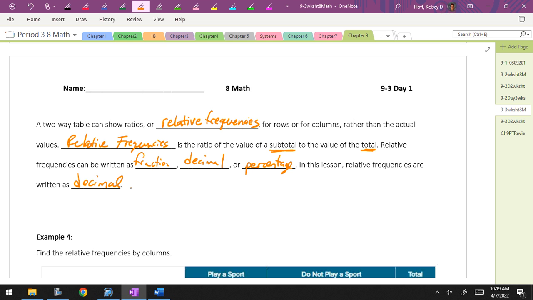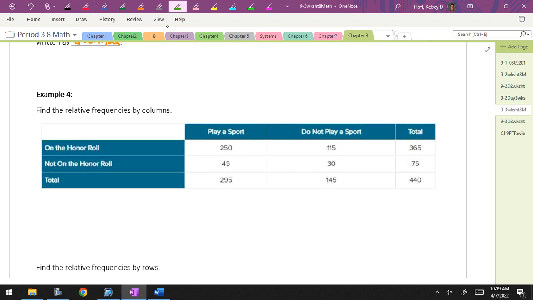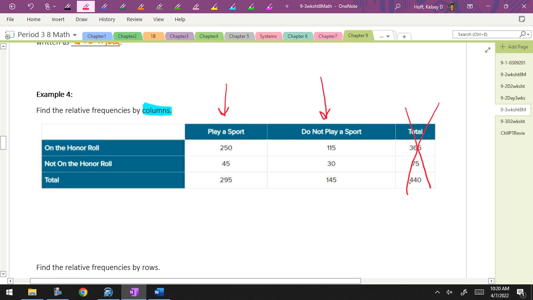Okay? Here's why it's so important that you know the difference between rows and columns. It says find the relative frequency by column. Columns run which direction? Up and down. So I'm going to work with this. Now, I don't need to find the relative frequency of the total column. That's not going to do any good for me.